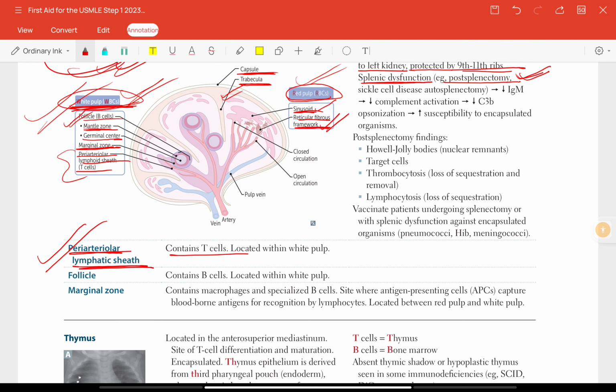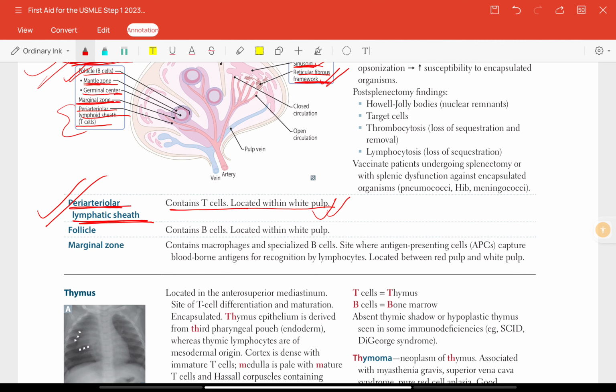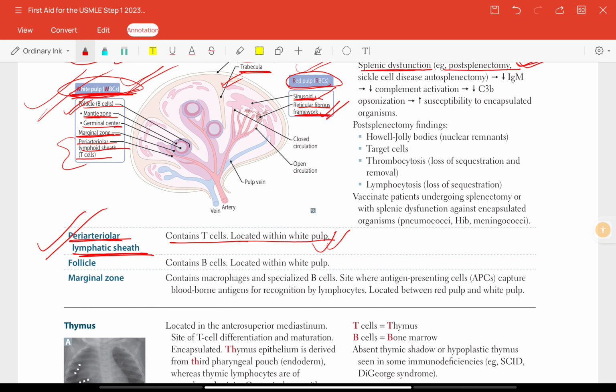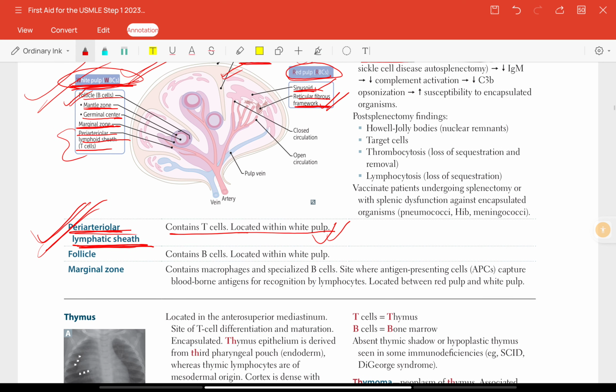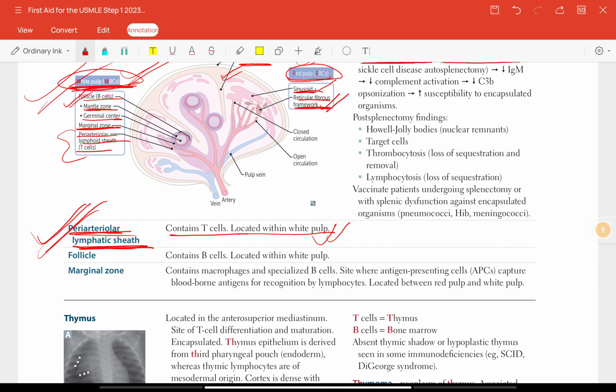The periarteriolar lymphatic sheath contains T cells located within the white pulp.